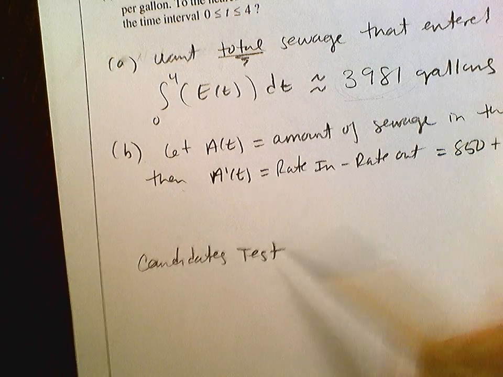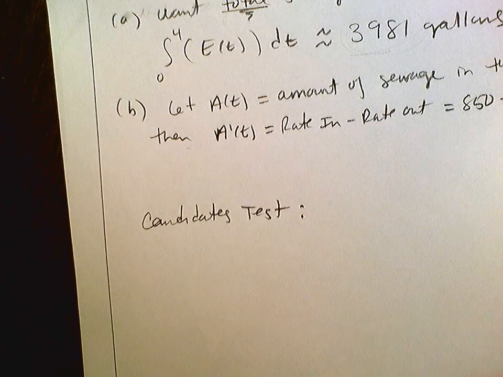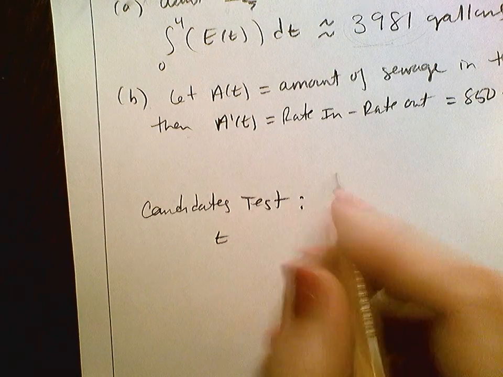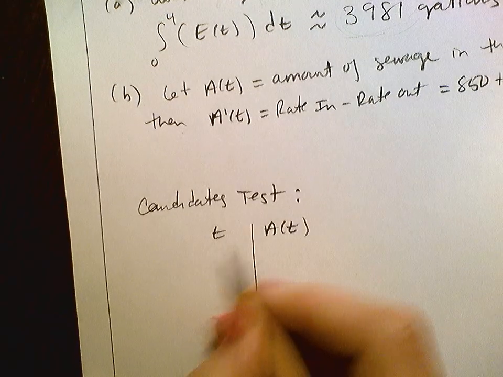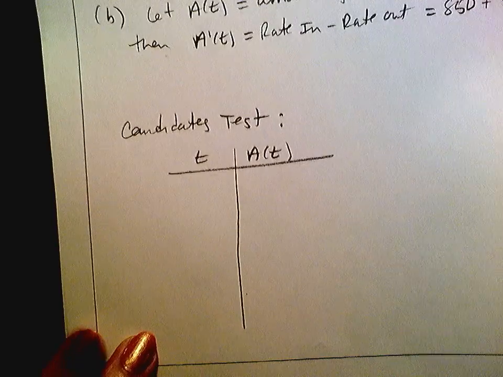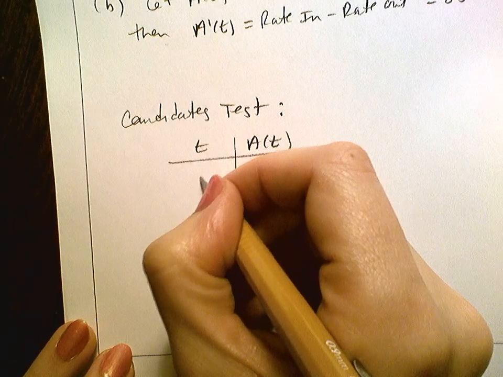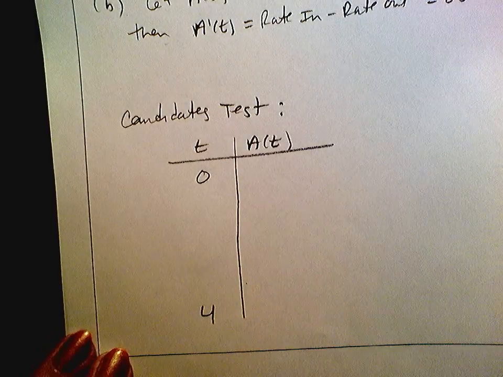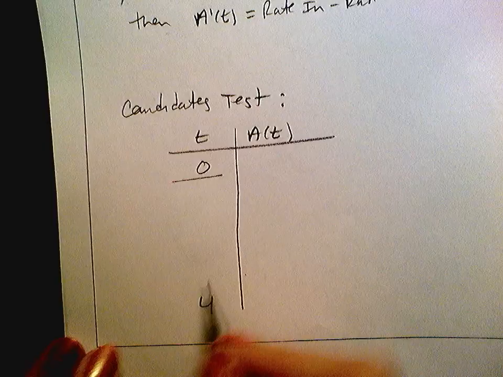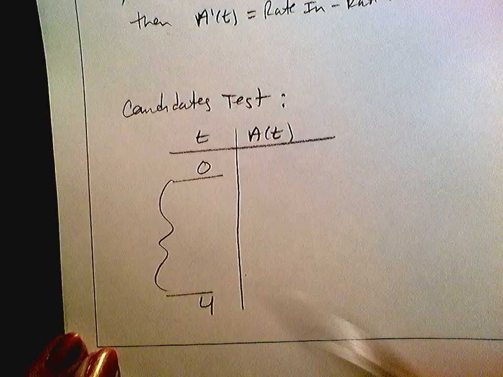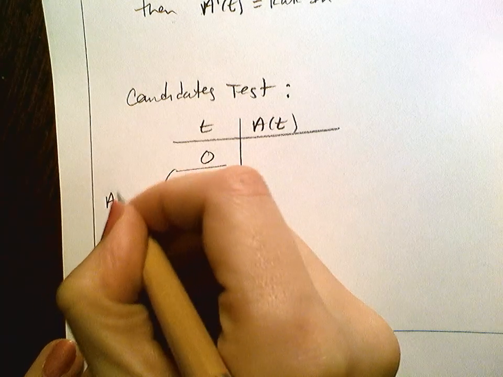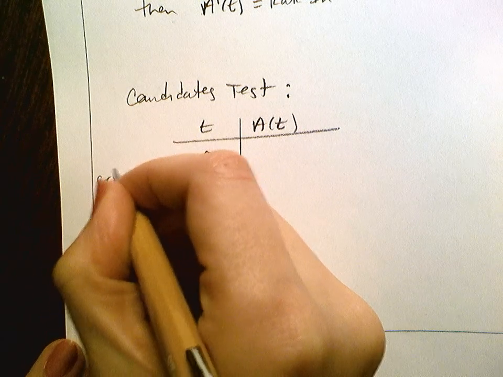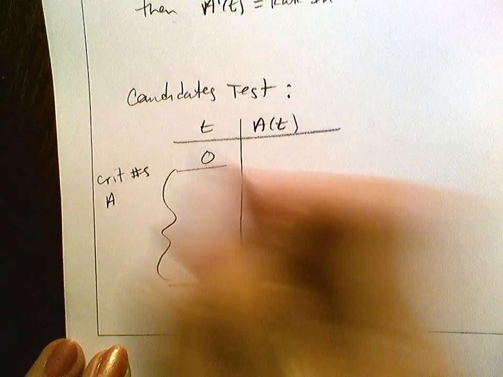Candidates test. So we're going to have t, and then A of t. Now the interval 0 to 4, those are the endpoints. And then in between, we need the critical numbers.